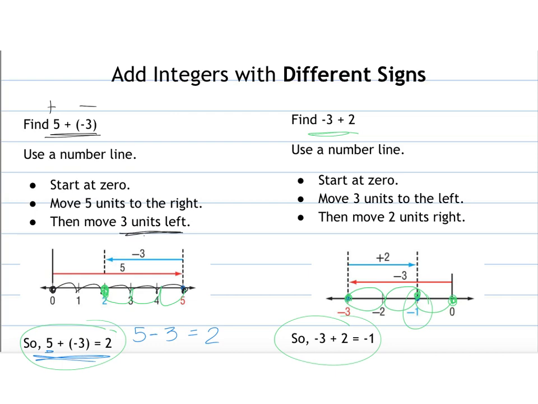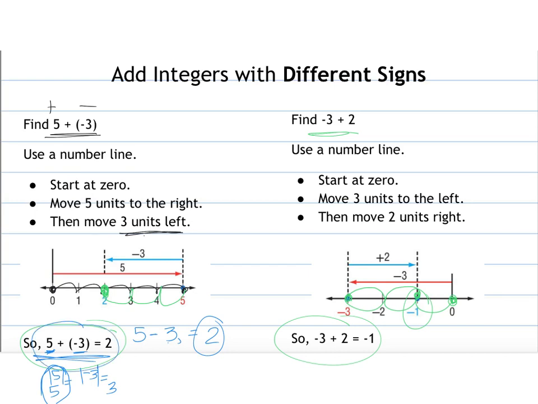And then I look at my 5 and my -3, and whichever has a higher absolute value, meaning if I took 5 and -3, the absolute value here is 5, the absolute value is 3. So whichever has the higher absolute value, that's the sign that I'm going to take, so it stays positive, and it's 2. Basically, I drop the signs. Whichever number is higher, that's the sign that I keep that it was in the original problem.